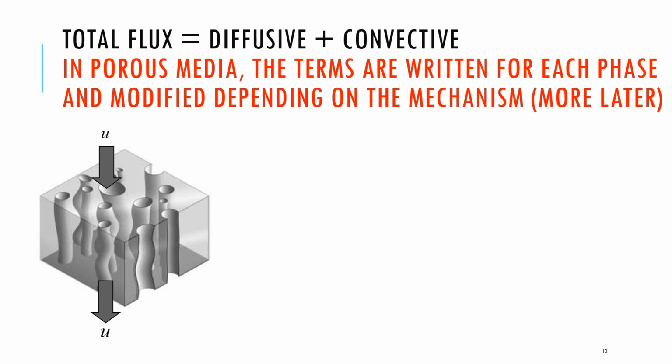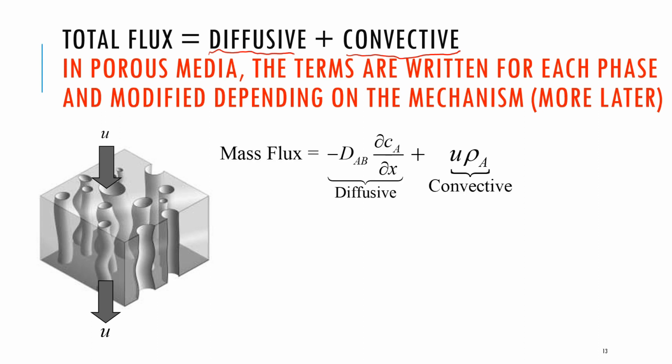So now we extend that equation for total flux in a simple two-component system that includes diffusive and convective types. We're just going to extend that to porous media by writing the terms for each phase, or noting that we need to write them for each phase. So the mass flux, diffusive plus convective, is written for water, vapor, air. So we're going to have these three mass fluxes.